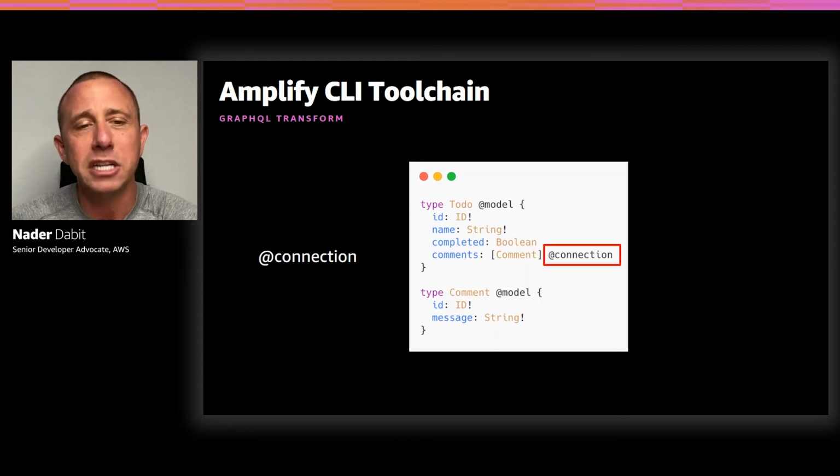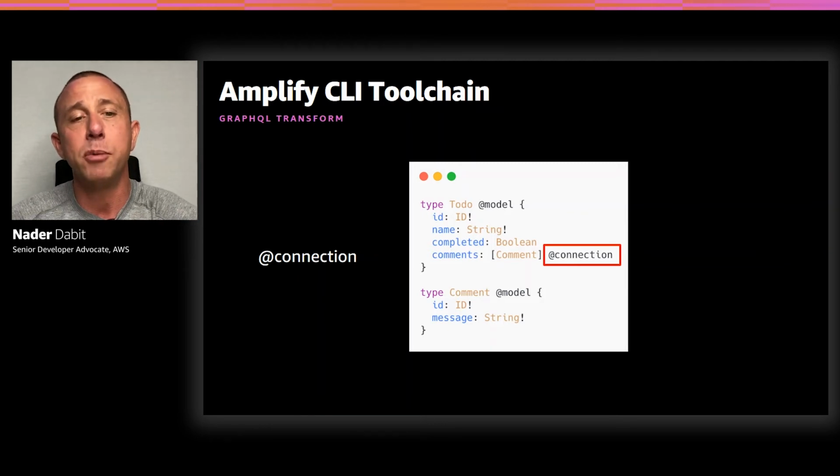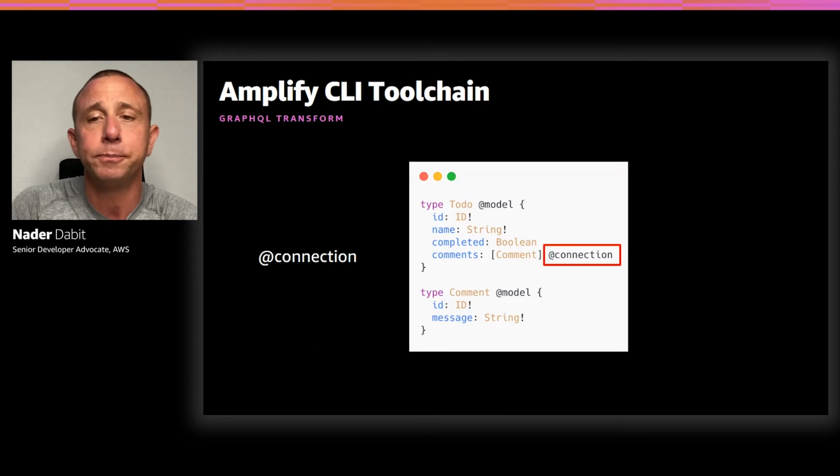To define that relationship, we just add the @connection directive between the two types that we would like to create that relationship. And now the one-to-many relationship is created. So when a user creates a comment, it will automatically be associated with that to-do. And then we have data access patterns that we can then query. So we can not only pull the list of to-dos or a single to-do, we can also pull the associated comments using the ID of that to-do.